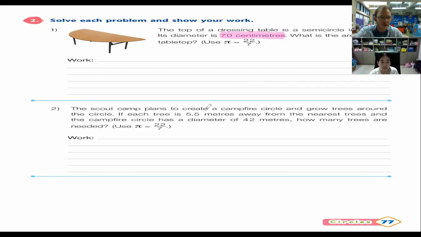So over here, very straightforward again, we want to calculate area. Area we know as pi radius squared. But we also have to consider that it's a semicircle, so we have to divide by 2 at the end. So 70 centimeters is the diameter.